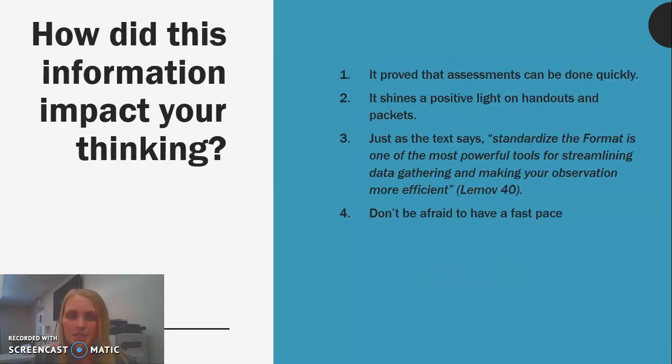This information really impacted my thinking because it proved to me that assessments can be done quickly. We do not have to do large projects and tests every single time. We can do really quick methods just to get a general understanding of where students are with the lesson. And it also shined a really positive light on handouts and packets.